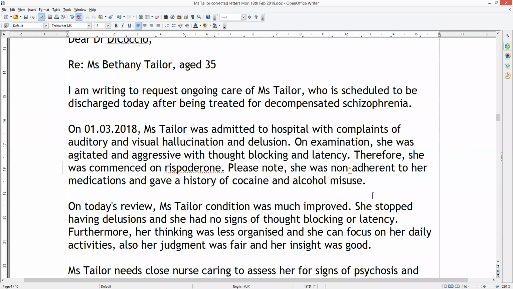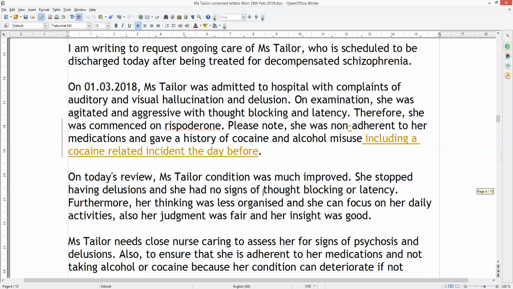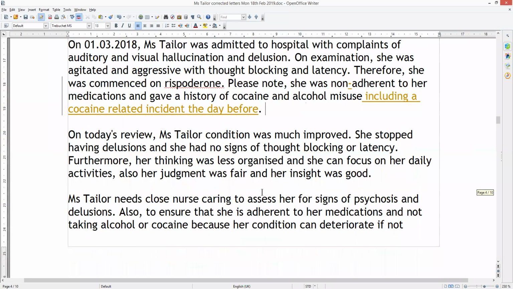So you could put something like, including a cocaine-related incident the day before, or something such as that, right? So we know that this occurred just before she came in. Okay, that's pretty good.